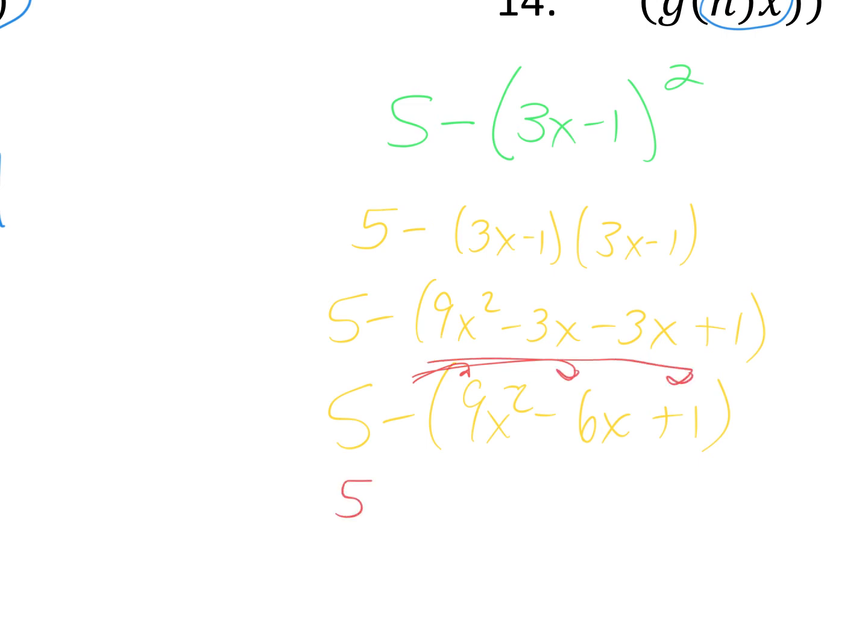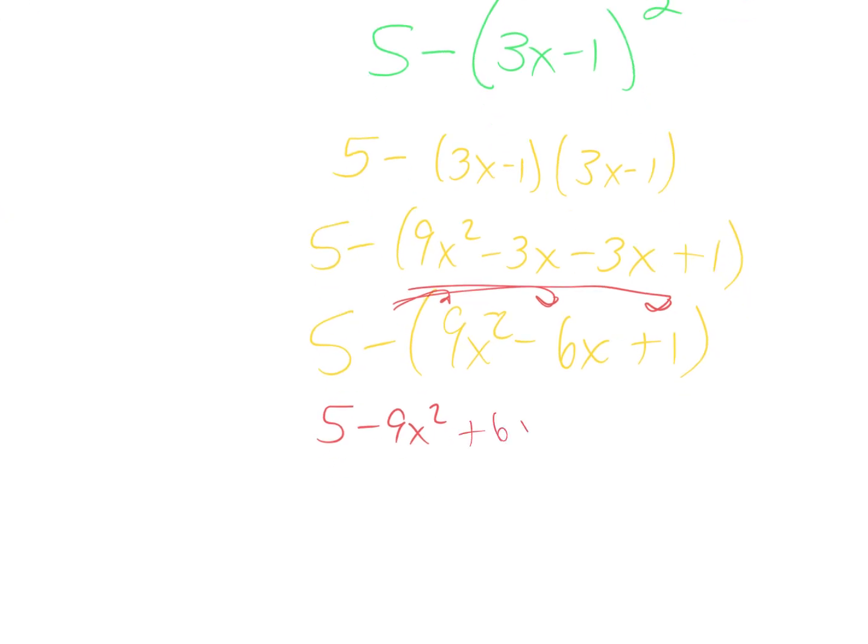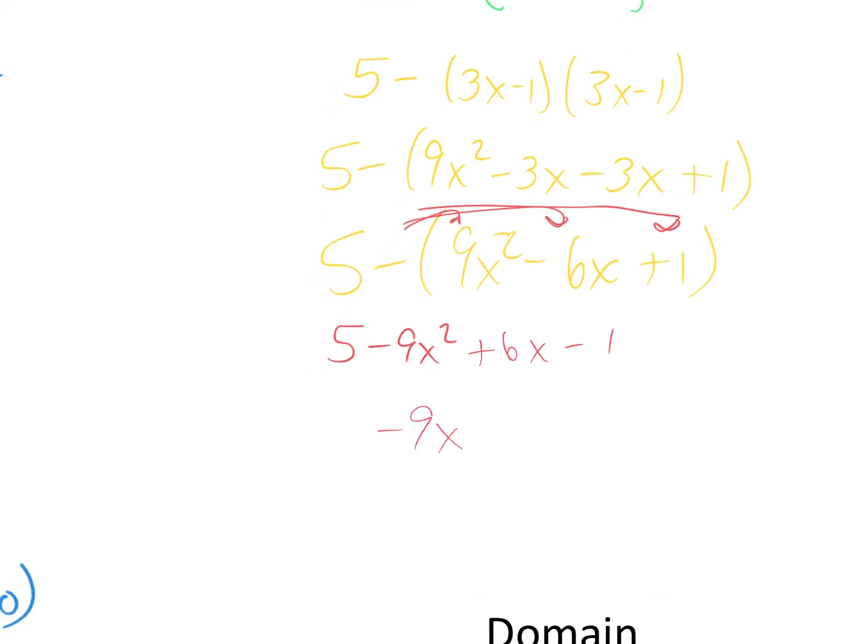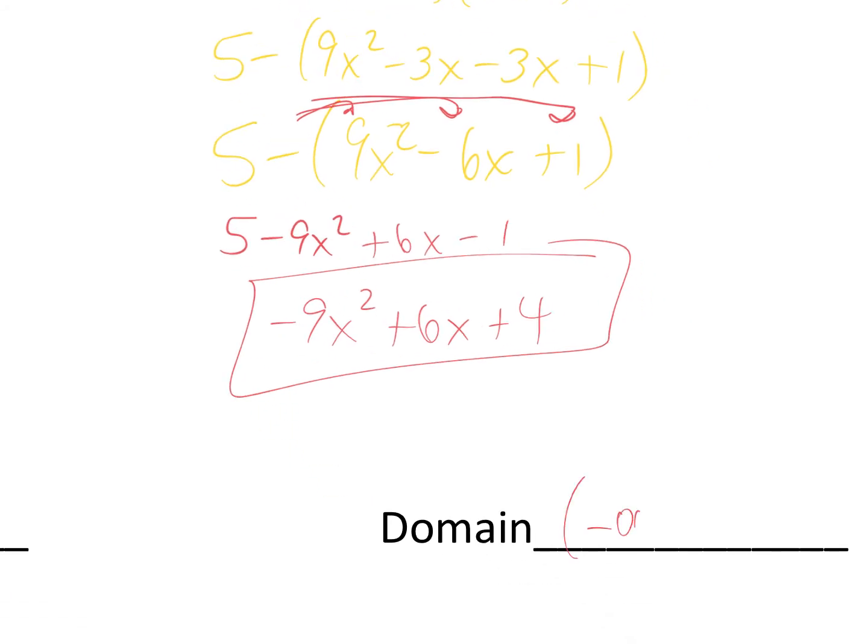So I have 5 minus 9x squared plus 6x minus 1. And now you can combine like terms. Negative 9x squared plus 6x plus what? 4. Any domain issues? Nope. So it's again negative infinity to positive infinity.